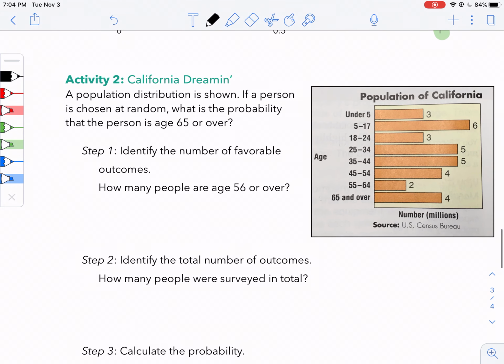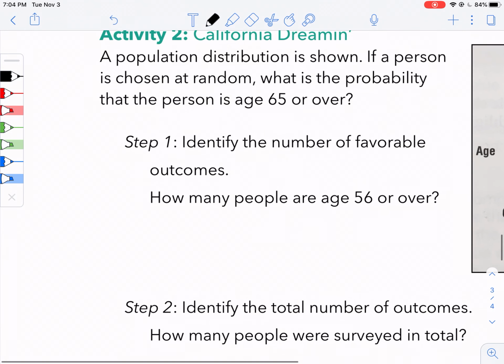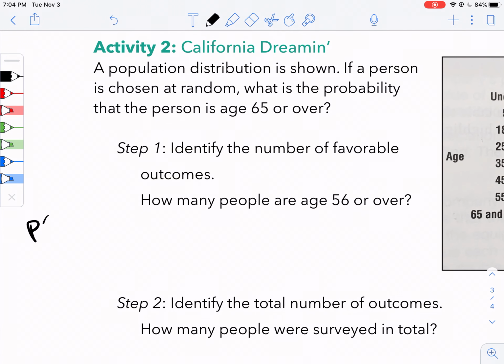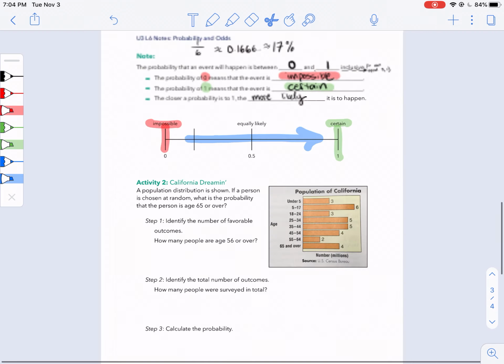So here we've got a population distribution shown in a chart. If a person is chosen at random, what's the probability that the person is 65 or over? So remember that probability is favorable over total. I ran out of room, so I'm just going to start over.